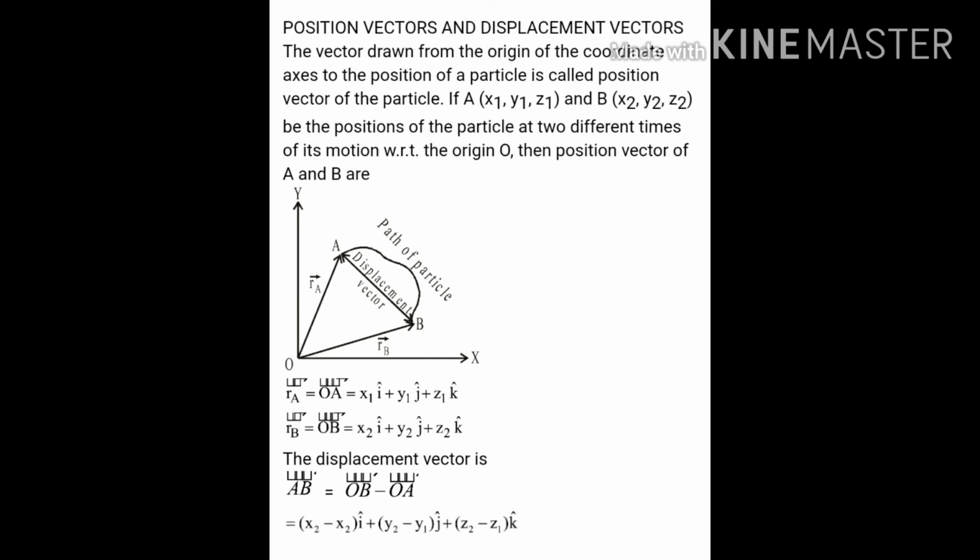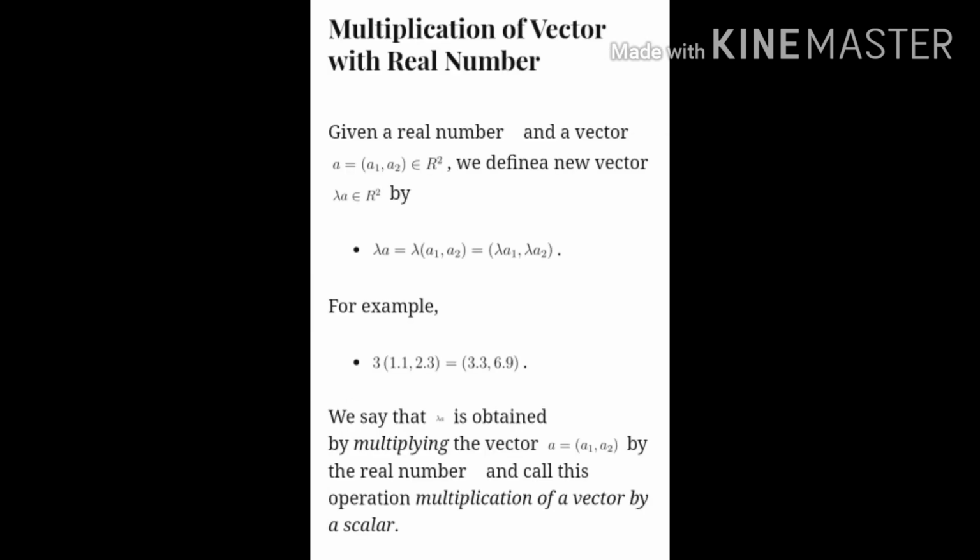Now we will move towards the third topic, which is multiplication of a vector with real numbers. Given a real number lambda and a vector a equal to (a1, a2) belonging to R squared, we define a new vector lambda a belonging to R squared by lambda a equal to (lambda a1, lambda a2).